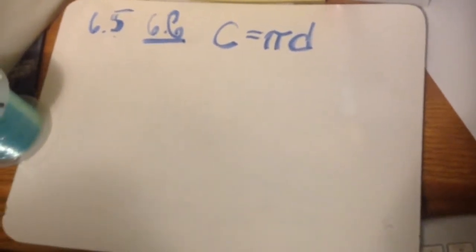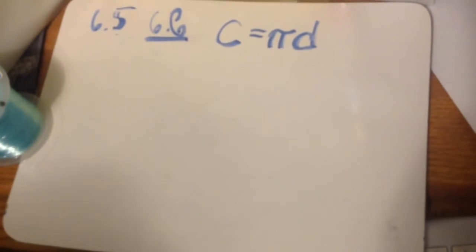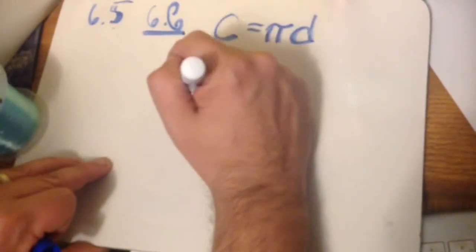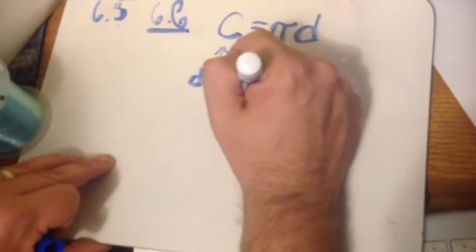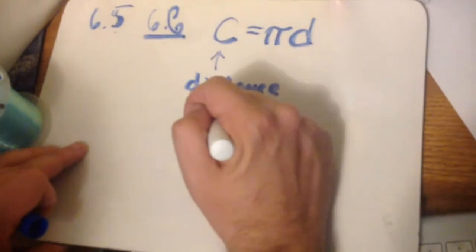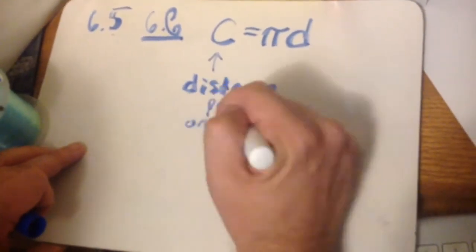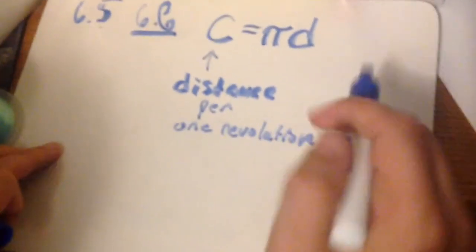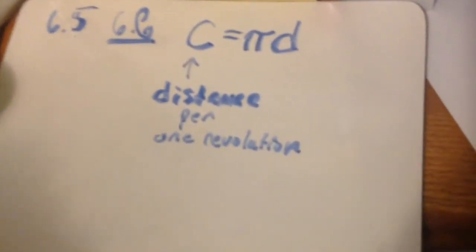Some of the problems in that section involve the speed of something. If we know this is a distance, it's the distance that it might go per one revolution or one turn. So we have that as some kind of fixed thing.